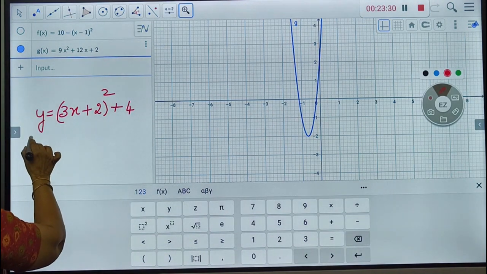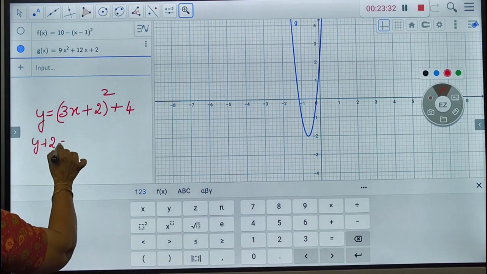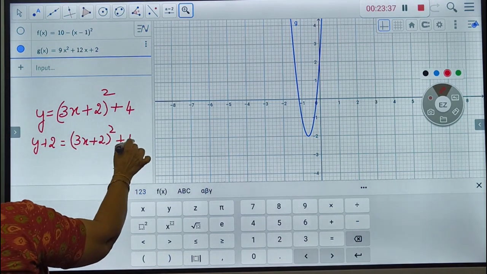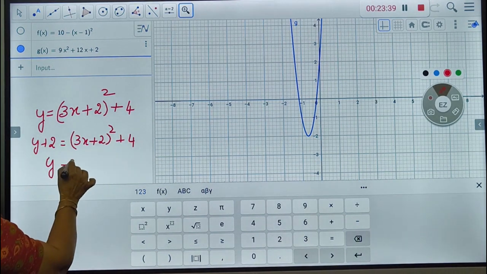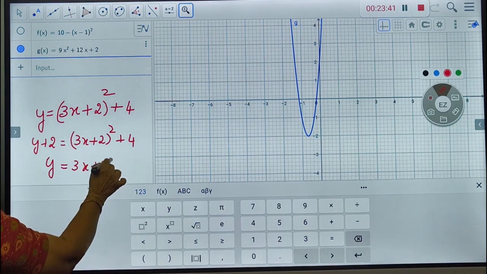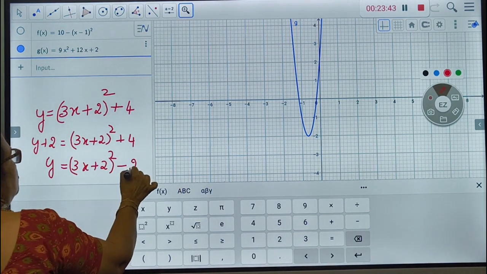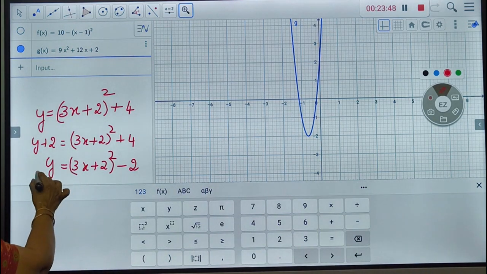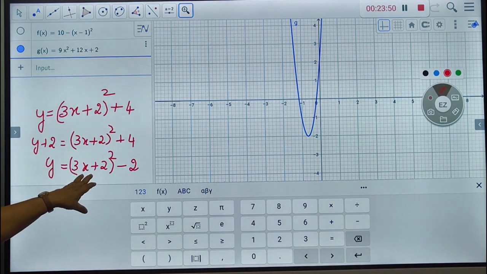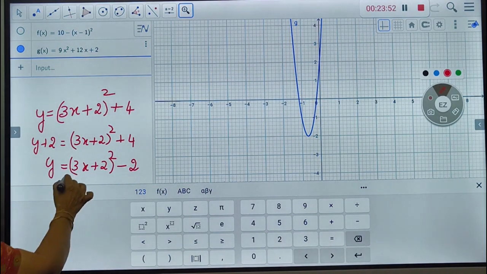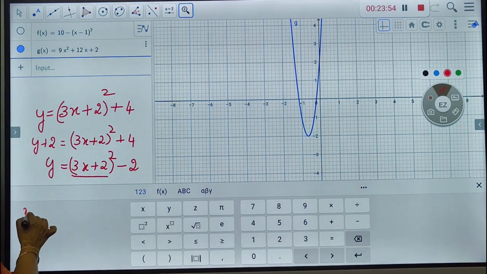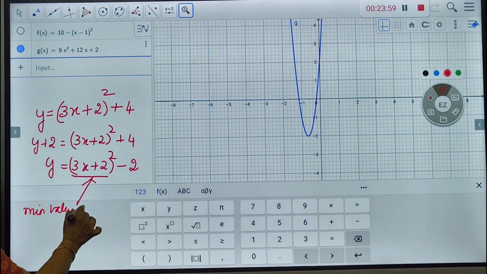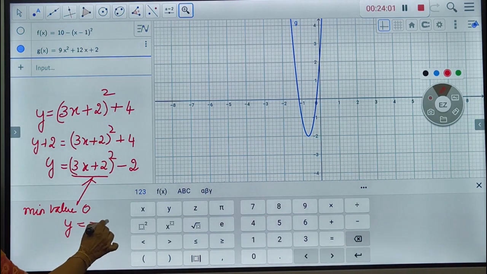If I have 2, I have to add 2 here also. So y plus 2 equal to 3x plus 2 the whole square plus 4, or y equal to 3x plus 2 the whole square minus 2. So what is the minimum value of this? Minimum value of this square alone is 0. So minimum value of y is minus 2.